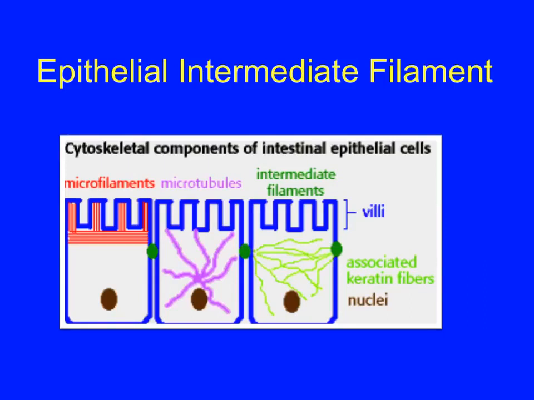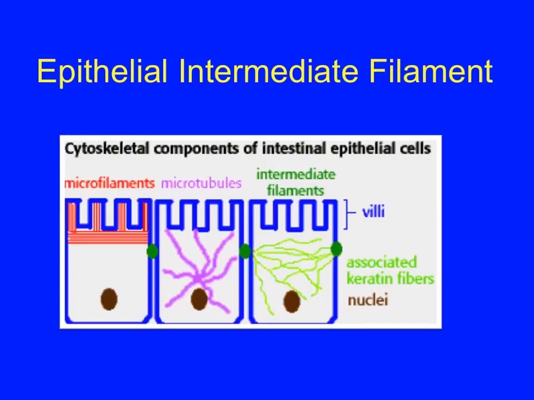You all know about epithelial intermediate filaments. The thing that holds your skin together are the keratins, and those keratins create the structure. If you just have skin cells sitting next to one another, how hard do you think that would be to break them apart? Not that hard. So there's actually these filaments that help us.